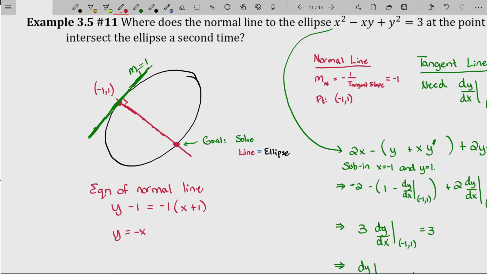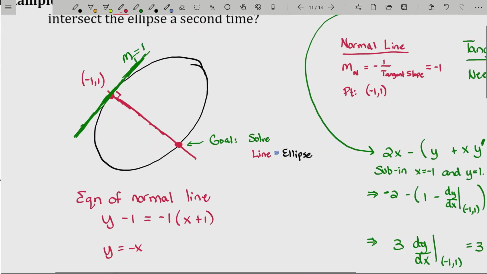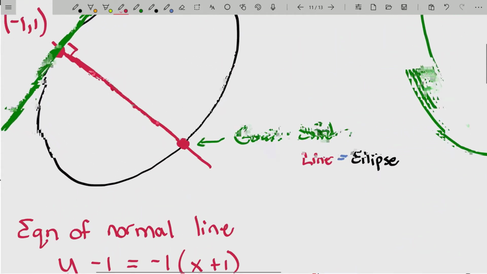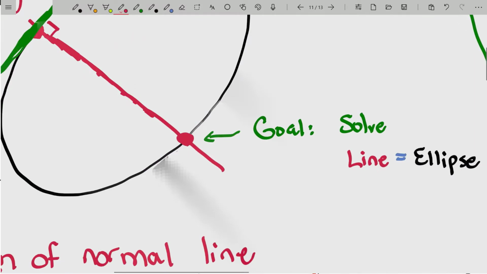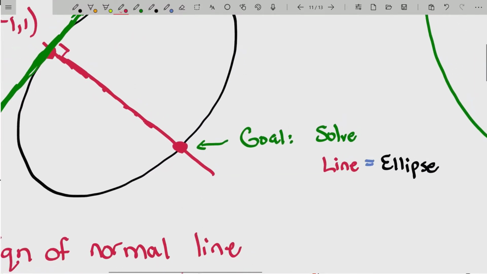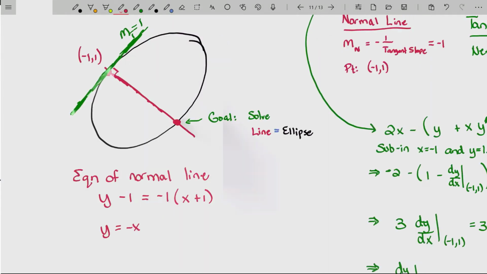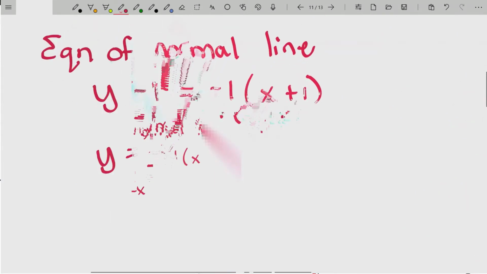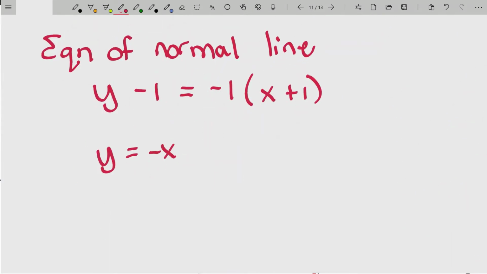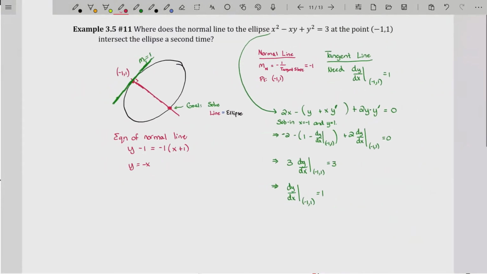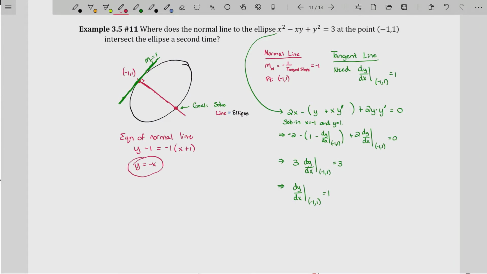And now I want that red normal line to intersect the black curve, so I want their x and y values to be the same. Every single y value on that normal line is equal to -x, so I just want to take that -x and substitute it into this equation.